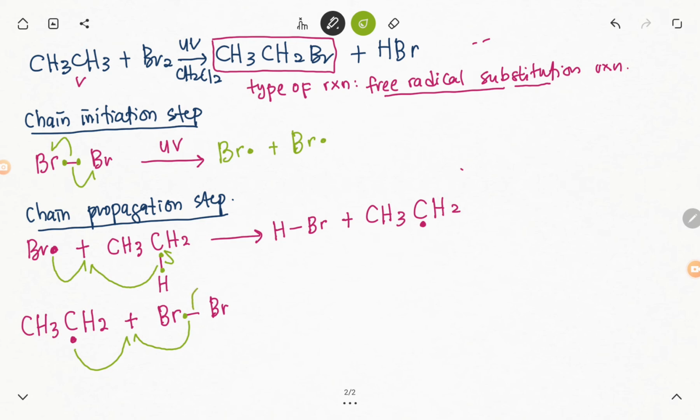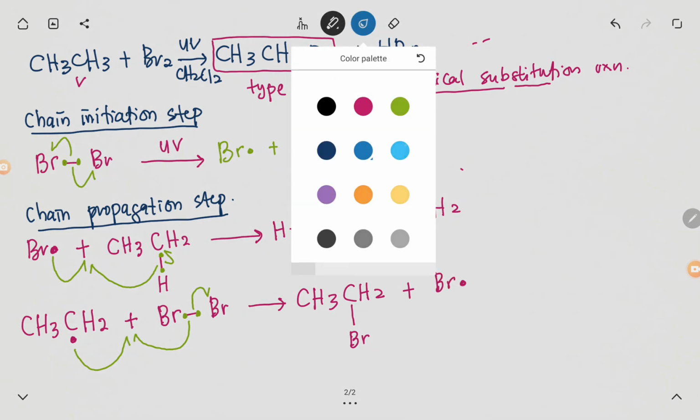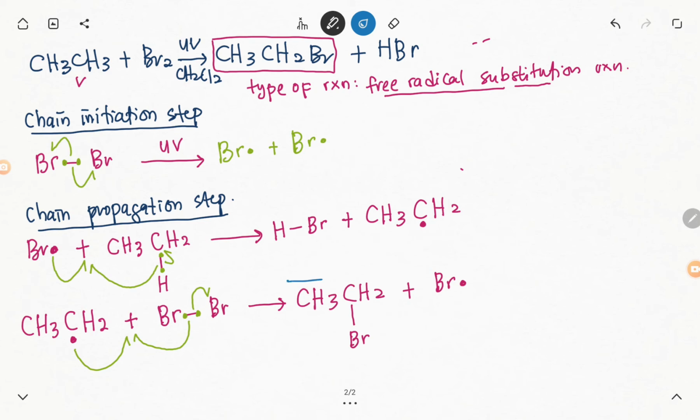At the same time, the covalent bond between the bromine atoms breaks. So the final product formed is CH3CH2 with the new bond to the Br atom, and the bromine radical forms again. For the second step in chain propagation, we have already shown the formation of the final product in the equation.